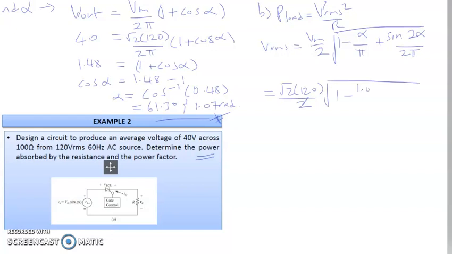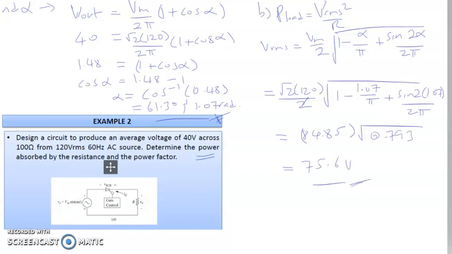So we put in all the values. 120 volt peak times root 2 divided by 2. So we put in the alpha in radian. If you set your calculator as radian, key in radian. If you set as degree, key in degree. So you get 84.85 times the square root of 0.793.